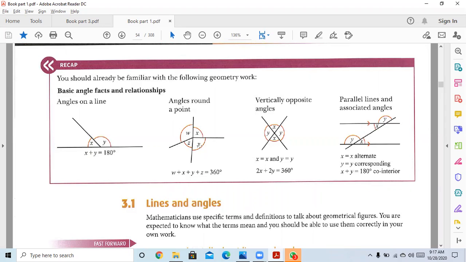If you have three angles, with their help you can find the fourth angle. For vertically opposite angles, you do the same thing. Since this straight line is 180, if you have x you can find y, and if you have y you can find x.